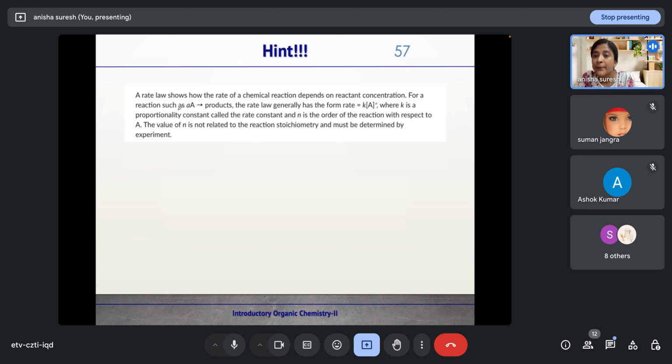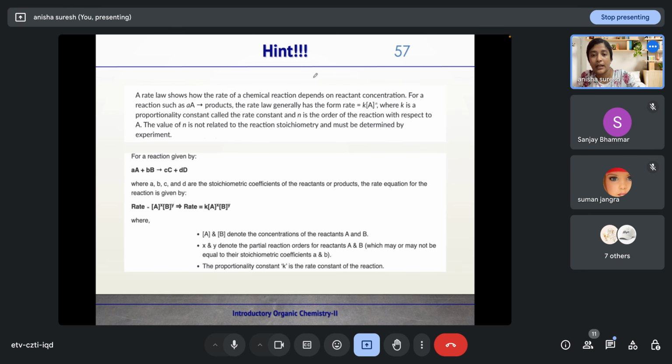For a reaction such as A gives products, the rate law generally has the form rate equal to k into concentration of A to the power n, where k is a proportionality constant called the rate constant, and n is the order of the reaction with respect to A. The value of n is not related to the reaction stoichiometry and must be determined by experiment.